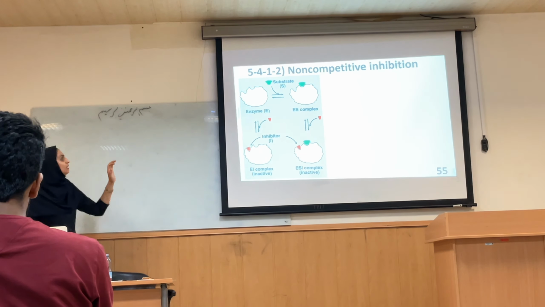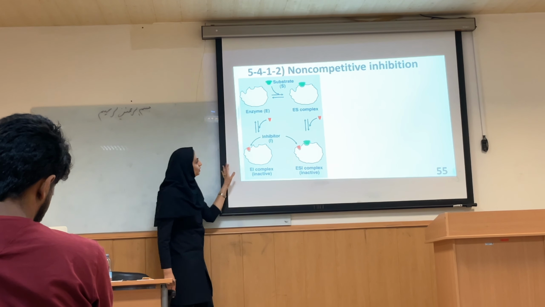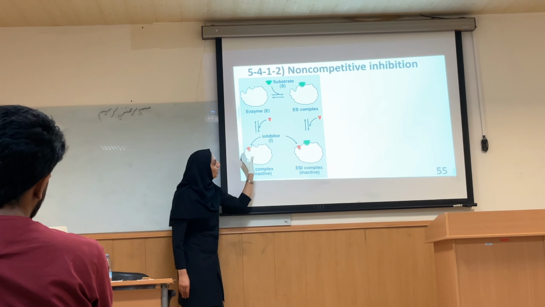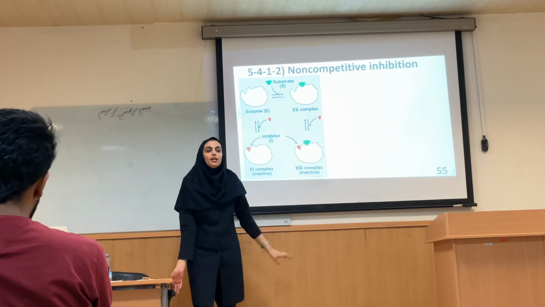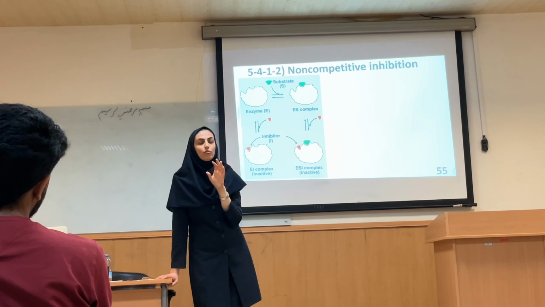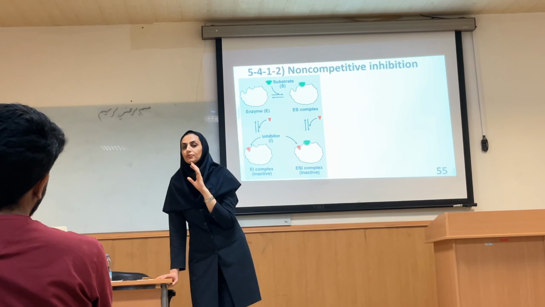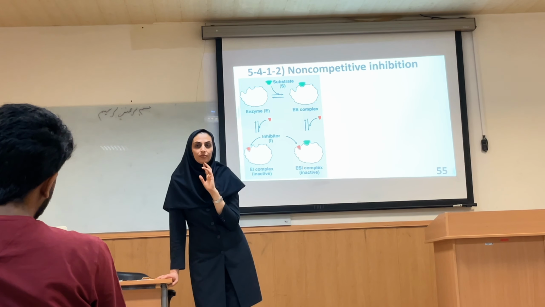Okay, good. These are about non-competitive inhibition, in which the inhibitor site is different from the active site. What do you think about the change in Km or Vmax? The Vmax is the same, but Km increases more.